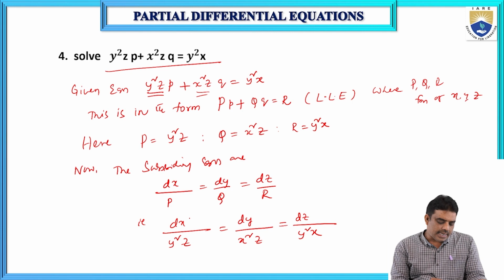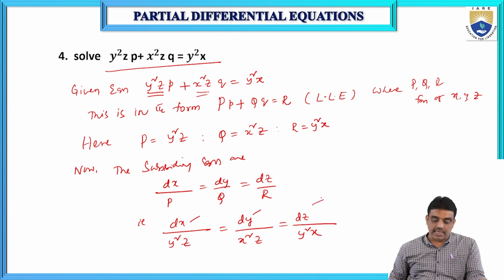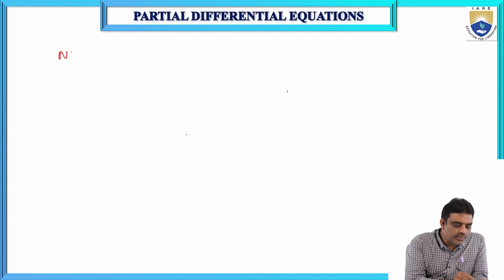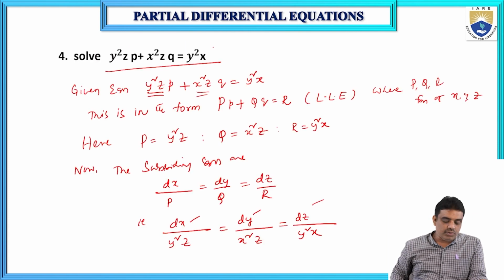Now we can consider the first two equations one time, and you can consider the first and last the second time. Now on considering the first two, what are the first two equations?